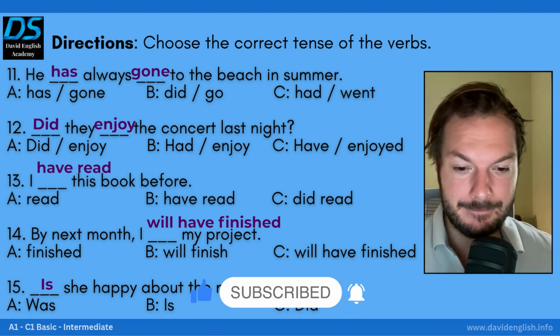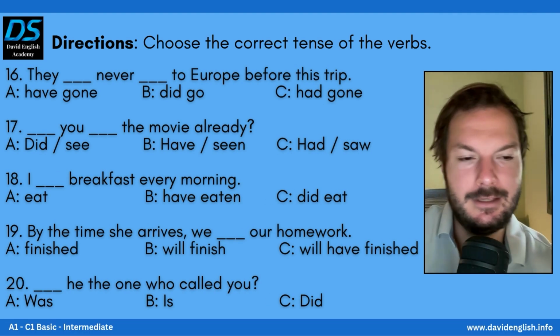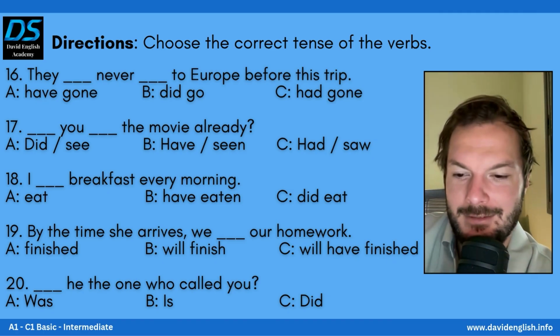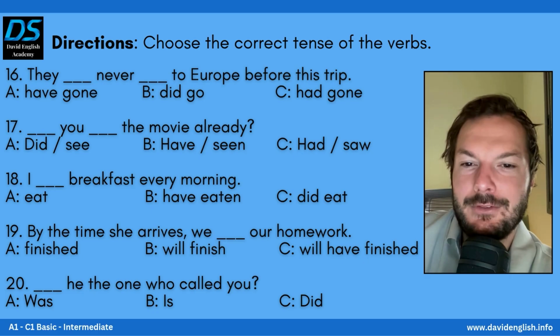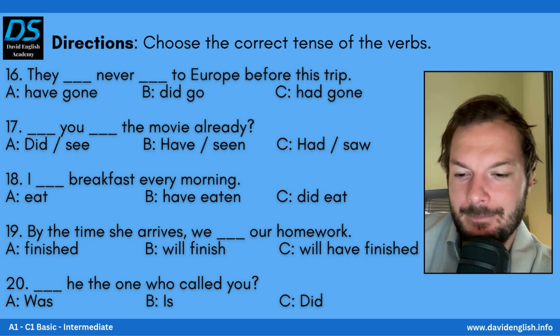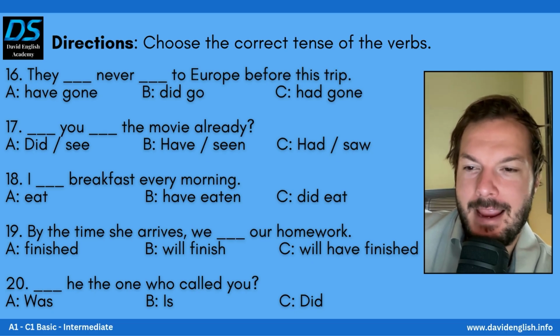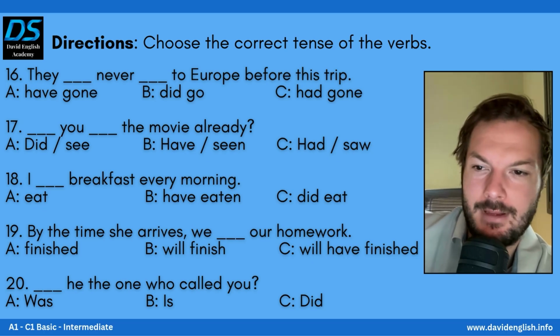Okay, 16. Let's continue with this multiple choice quiz. 16, the more you do, the better you're going to get. They never to Europe before this trip. Is it A, they have never gone to Europe before this trip?